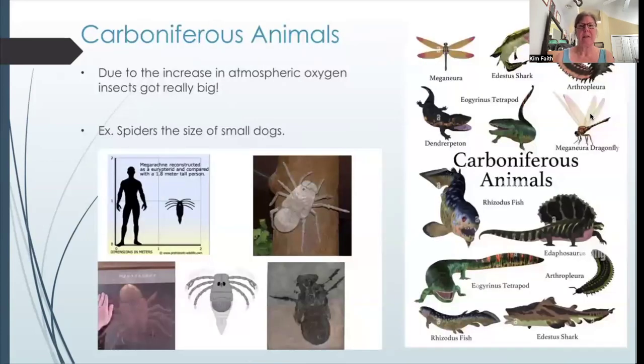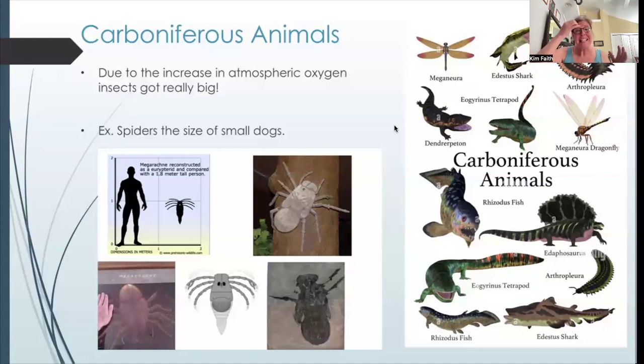Here are some of the Carboniferous animals. Now, if you don't like insects, you're not going to like this. Okay. Especially if you're watching the Planet Earth movie. Oh, it'll show you some things you're not going to like. Because of the high oxygen content of our planet at this time period, it allowed for our arthropods to get huge.